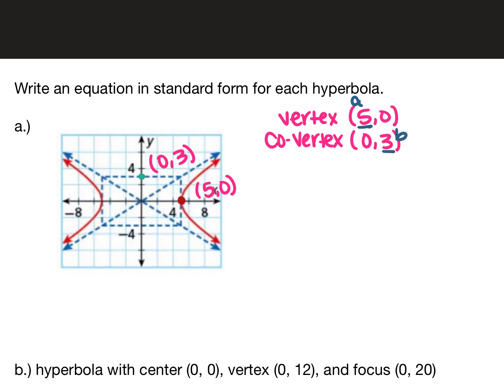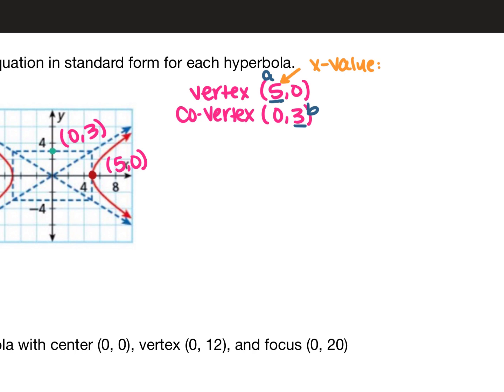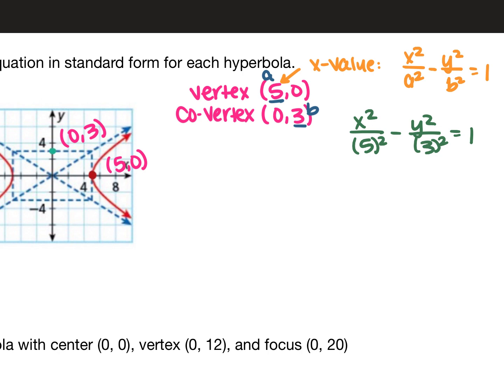We know which formula to use because A is in the X value. So that means we'll use the formula X squared over A squared minus Y squared over B squared is equal to 1. Plug in your A and B and then simplify. So it's going to give you X squared over 5 squared minus Y squared over 3 squared is equal to 1. This just simplifies to give us X squared over 25 minus Y squared over 9 is equal to 1.